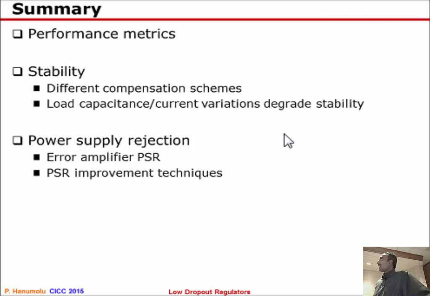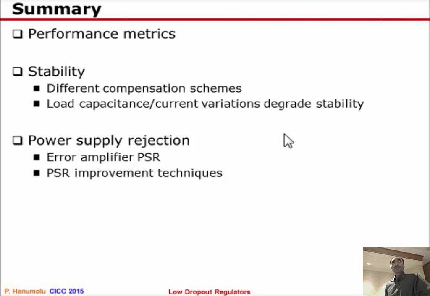So in summary, I think we went through the important performance metrics of LDOs, and then we spent some time on stabilizing these LDOs when the capacitor is off chip or on chip. And the challenge really here is to design these LDOs to be stable across varying load capacitances and load currents.